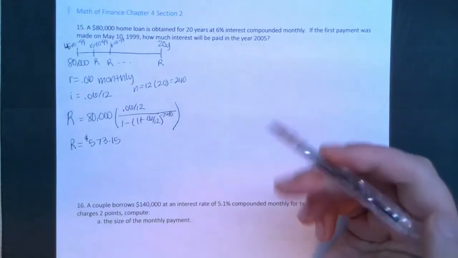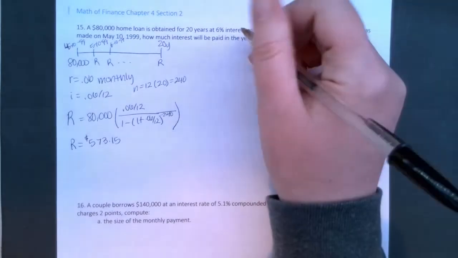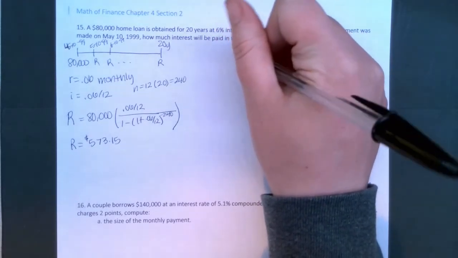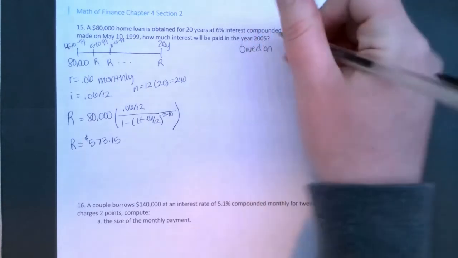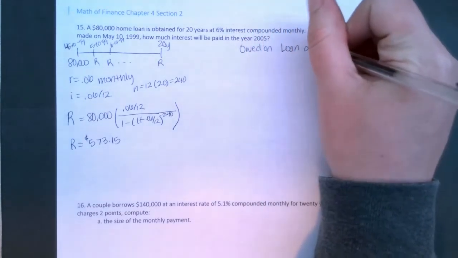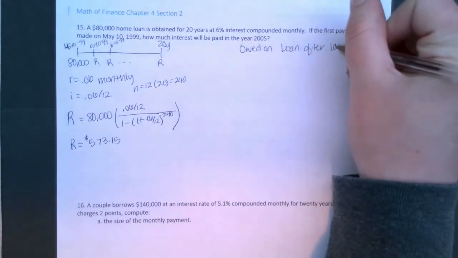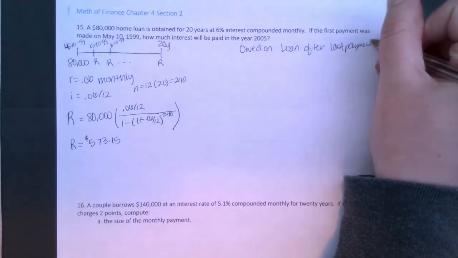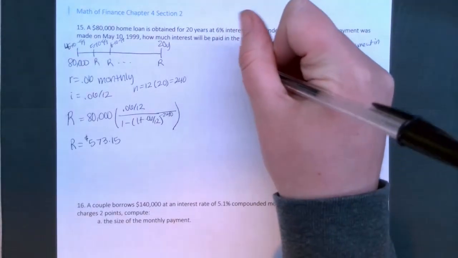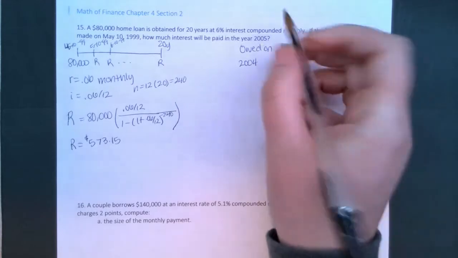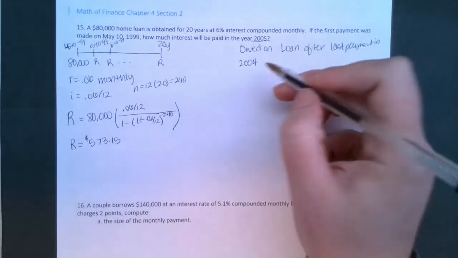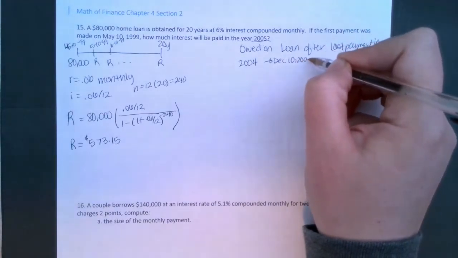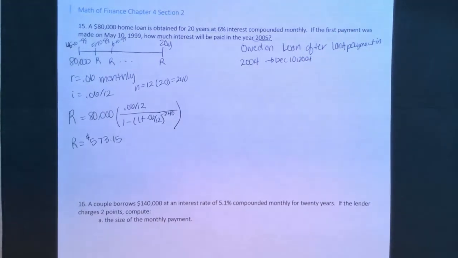Alright, so now we need to figure out how much we owe after the last payment. So owed on the loan after the last payment in 2004, because again we're doing 2005, so that means this would be December 10th, 2004, because we're doing full months, so we're going to go to the next day of the month.